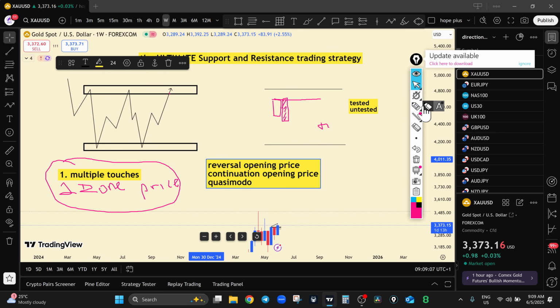So now, once you identify your reversal opening price, it is simply when you see two different candles, one bullish, the other one bearish. The first one being bullish, the second one being bearish. This becomes a resistance. So you simply draw a straight line across it from the opening price of the bearish candle.